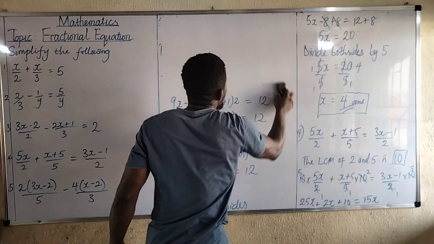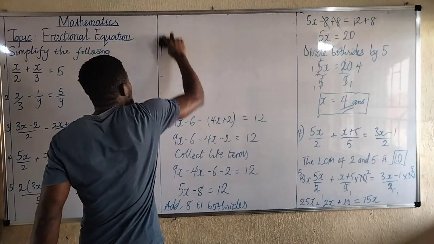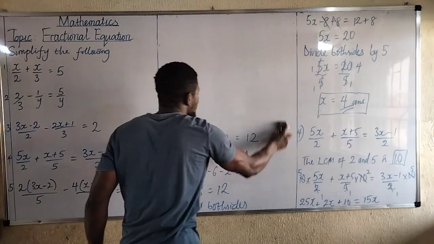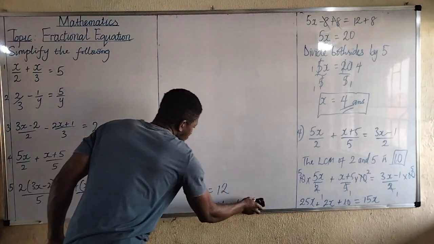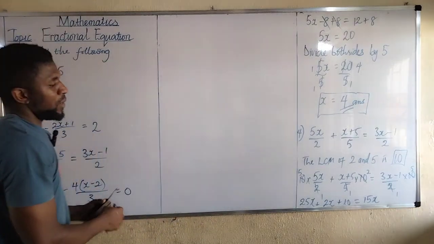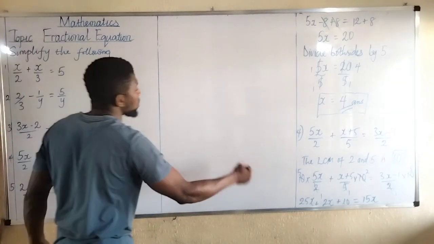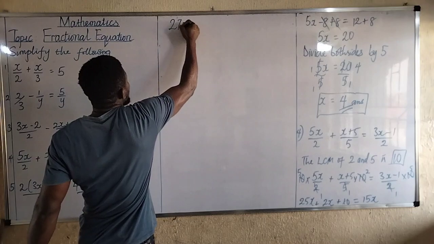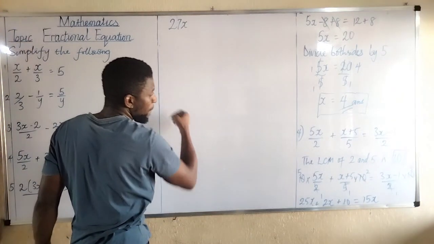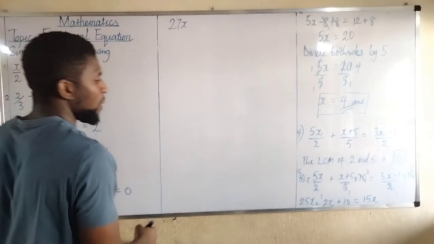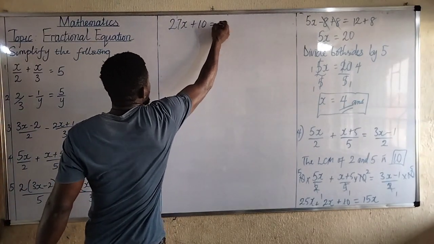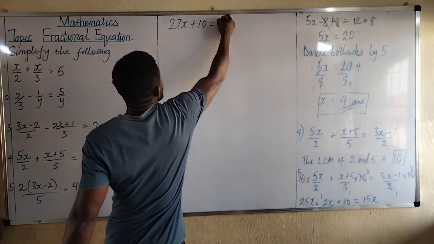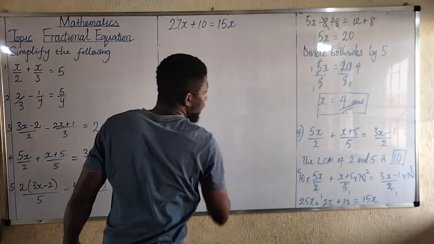If you are not getting it, do ask questions in the comment section. I will attend to you accordingly. So we have 25x + 2x, that will give us 27x. For the other one, we have 10 + 10 equal to 15x.